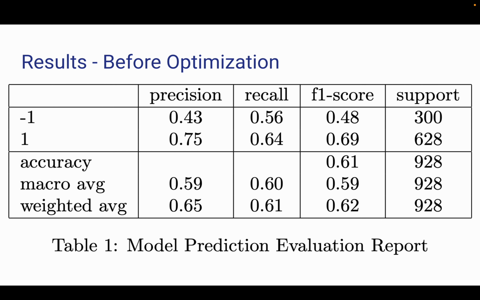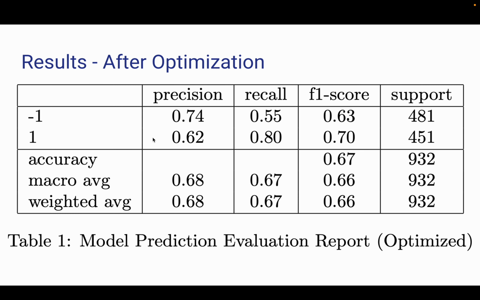However, its precision for the downward trend was only 0.43. Similarly, recall values show the model identified 56% of the actual downward movements and 64% of upward movements. So these initial results suggested that the model had a bias toward predicting upward trends, which is a common issue in imbalanced datasets.